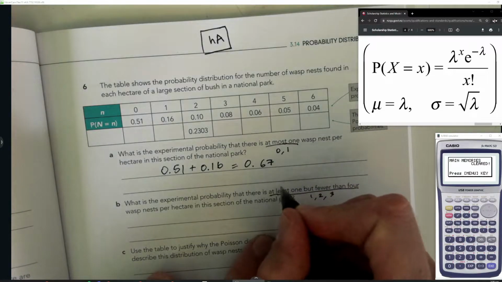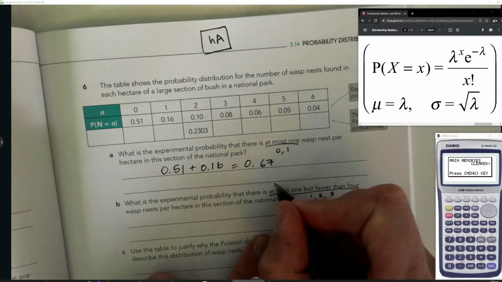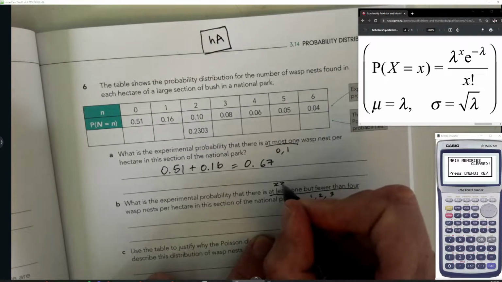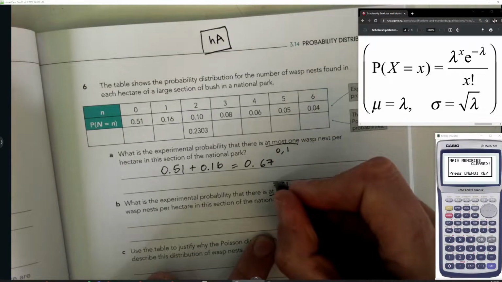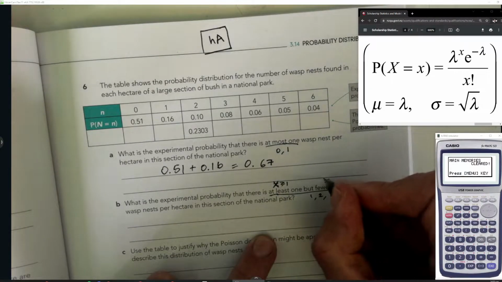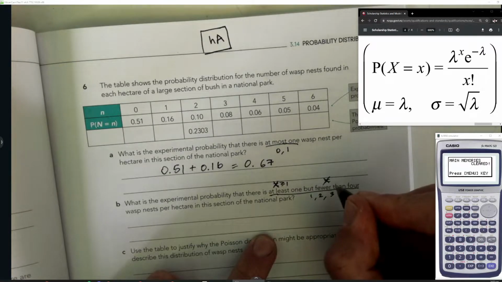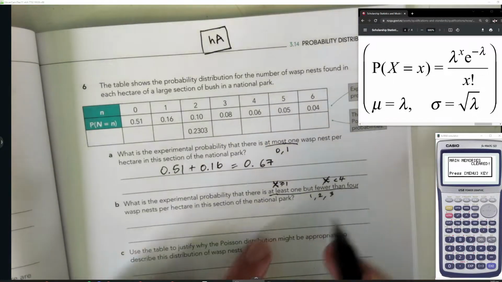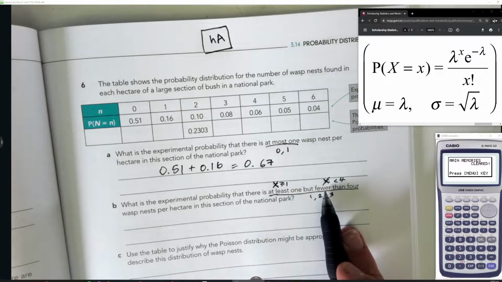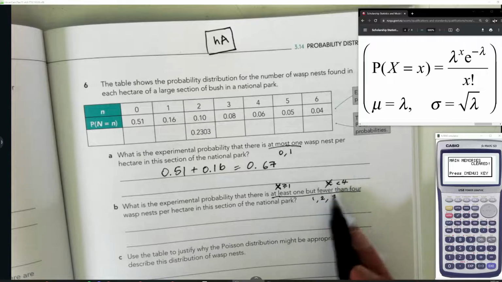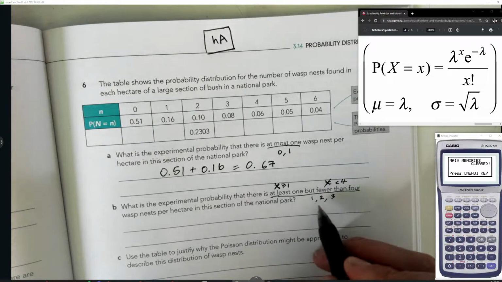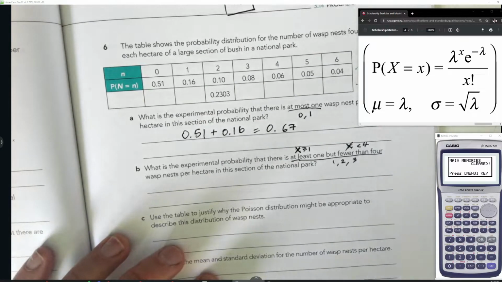So this actually means x is greater than or equal to 1, and x is less than 4. See how this word least and this word fewer, this one is inclusive, whereas this one is just less than. So 1, 2, and 3 are what we're looking at.